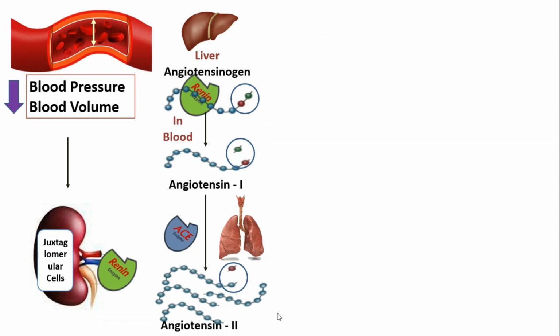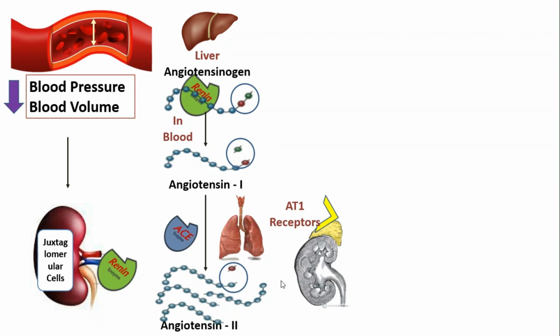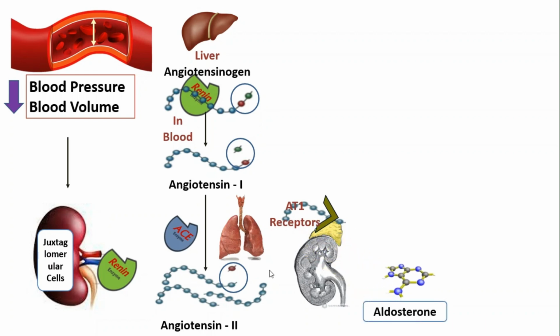The question is how? Angiotensin 2 binds with angiotensin receptor type 1, or AT1 receptor. These receptors are present on the adrenal gland, the gland which is present above the kidney. On binding with the AT1 receptor, the receptor becomes active. Activation of this receptor leads to the production of the mineralocorticoid aldosterone.